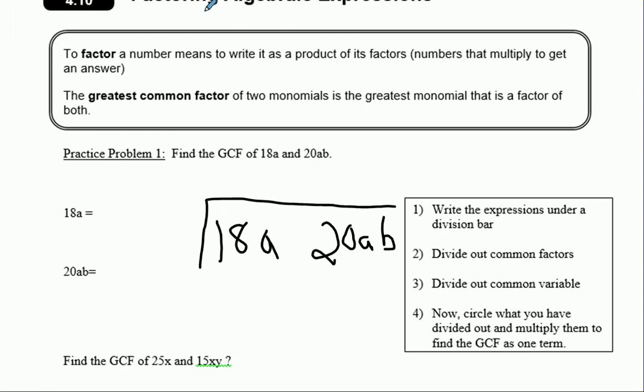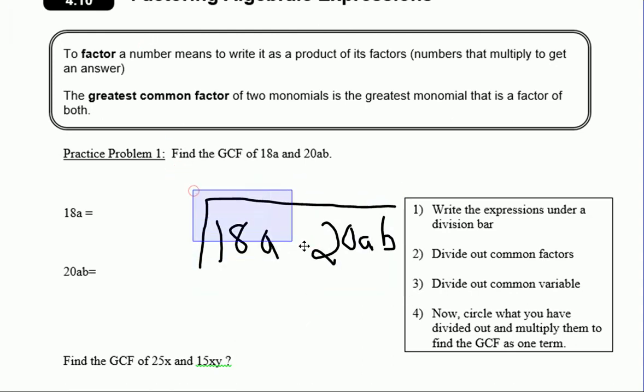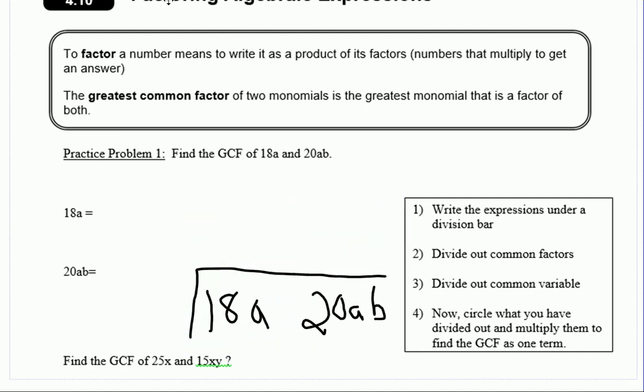Now we're going to divide out common factors. So something that is common between 18 and 20. There's a couple different options you want to choose from. I'm going to try to move this down. Is it going to move? There we go. Okay. So I have a little bit of room. All right. So let's start with something small. Let's start with 2. So if I divide 18 by 2, I get 9 and the a stays.